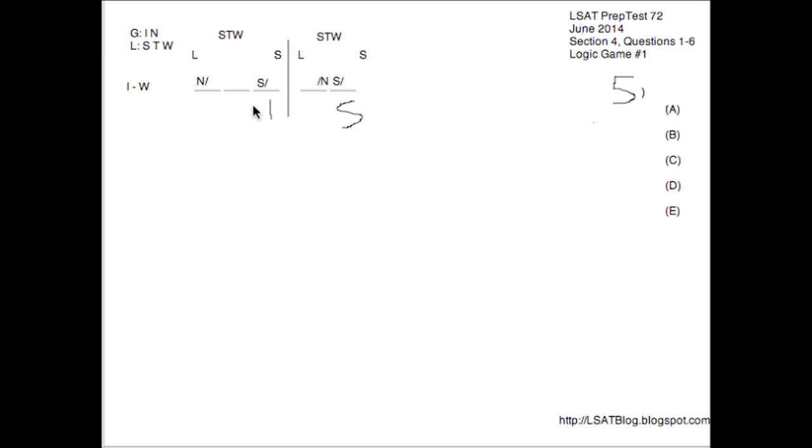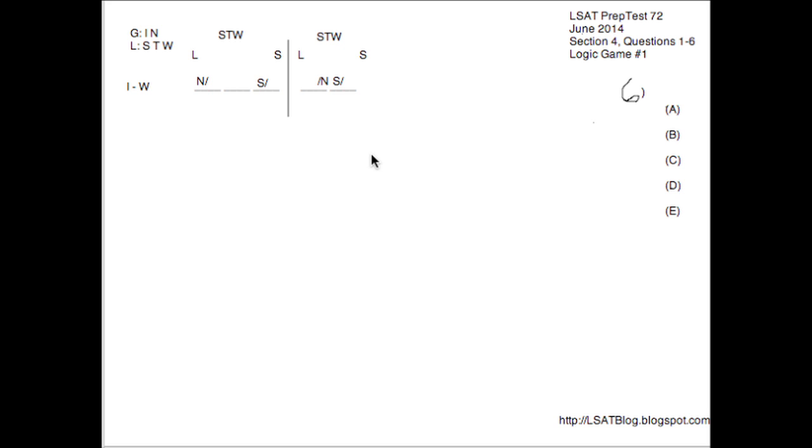So since we've got to put W somewhere within segment 2, it'll have to go in the first space. Now we've got remaining N and T. N's always the first within its segment, so N will go on 1 here, and T will go on 2. So we have N, T, I in segment 1, then W, S in segment 2. Completely resolved, no ambiguity at all. A is our answer. Pick it and move on.